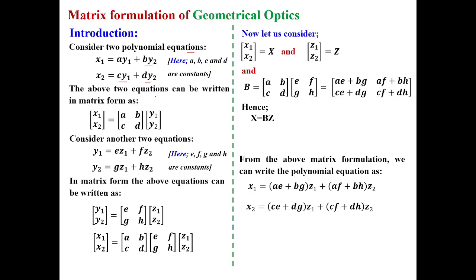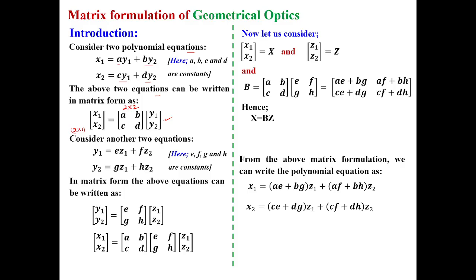The above two equations can be written in matrix form as the column matrix x1, x2 equals the 2 cross 2 matrix a, b, c, d, into the column matrix y1, y2. Okay, 2 rows and 1 column for the variables, and 2 rows and 2 columns for the constants. So these two equations are written in matrix form like this.